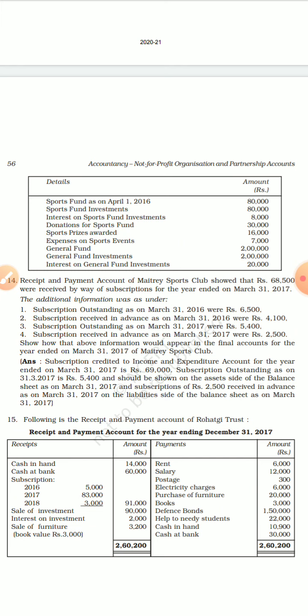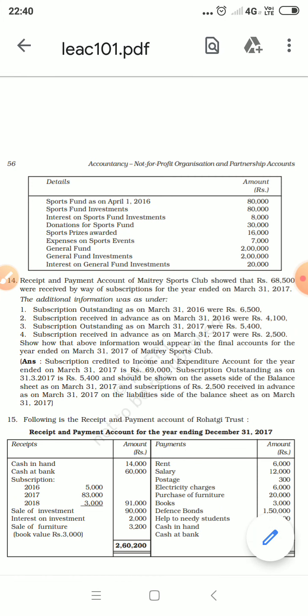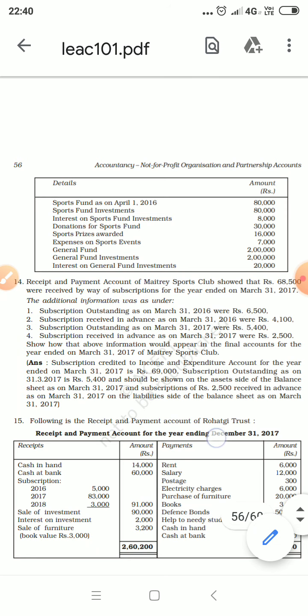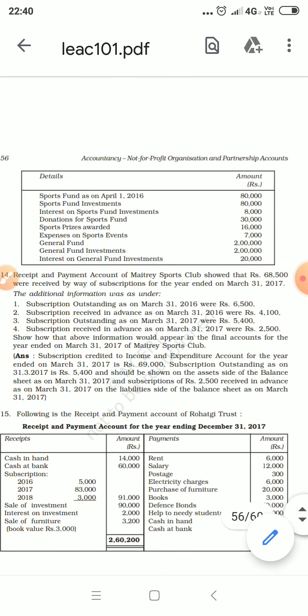Okay. Then subscription received in advance as on 31 March 2016. Previous year's received in advance is 4,100. Subscription outstanding as on 31st March 2017. Current year's outstanding is 5,400. Subscription received in advance as on 31st March 2017.